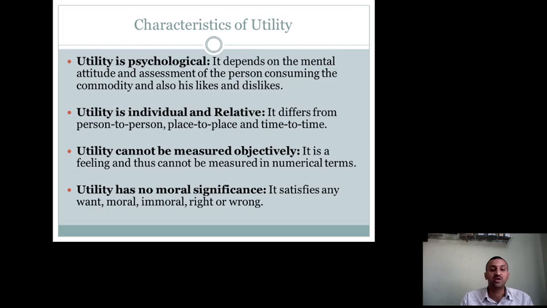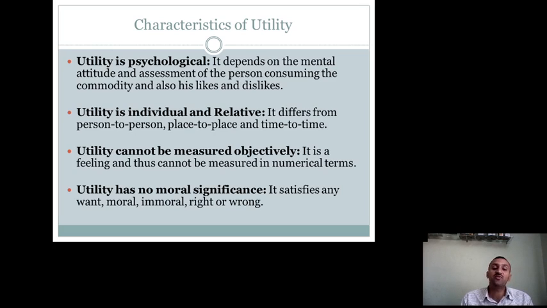The next is that utility cannot be measured objectively. It is a feeling and thus cannot be measured in numerical terms. Suppose a person is very hungry, he has not had anything to eat for the past 4-5 days, and I give him food.